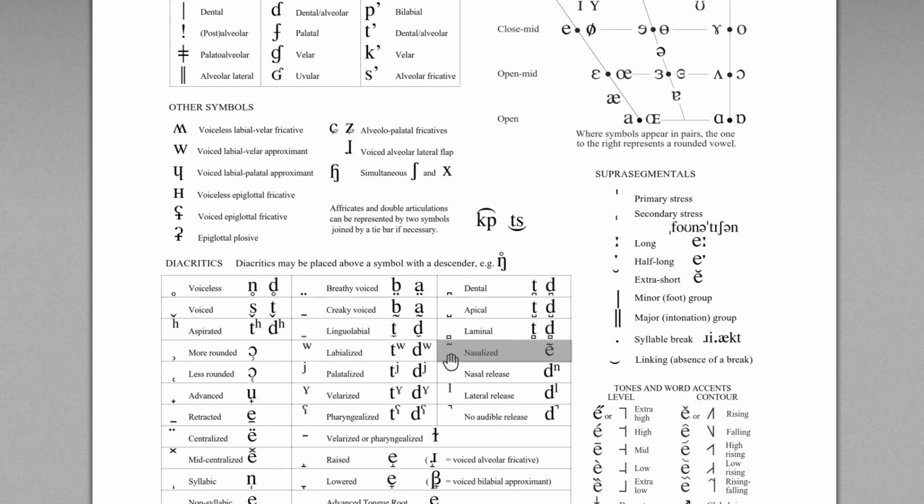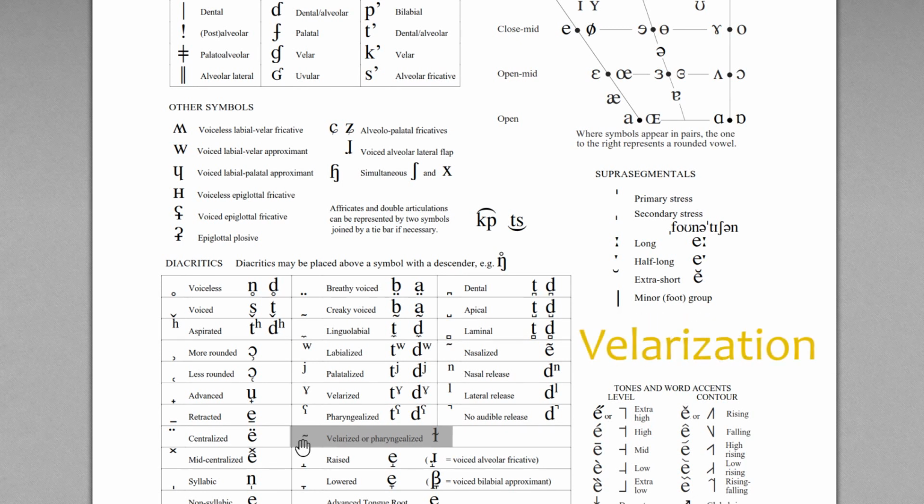There is a nasalized tilde which sits on top of the primary symbol, and we discussed it in the video on nasalization. So this tilde, if it sits on top of a symbol, indicates nasalization. If it's halfway, it shows velarization or pharyngealization.